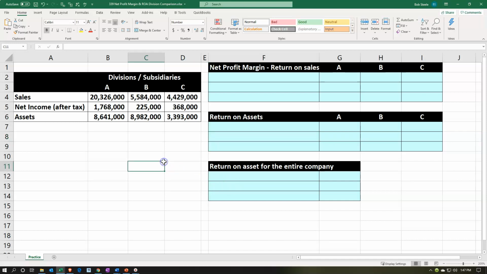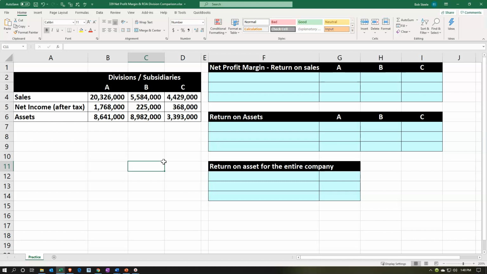If you're thinking about different centers or different departments within an organization that aren't independent, you might have a cost center versus a profit generating center, and you might need different kinds of measurement tools to measure those types of centers, because one center might not have revenue generation if you're measuring something that's basically just a cost center.